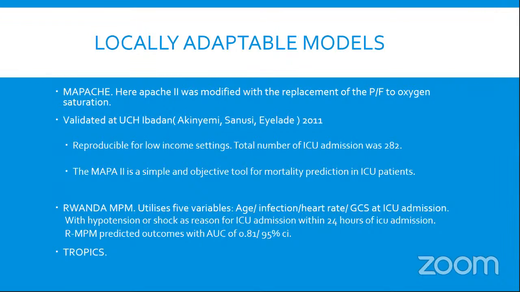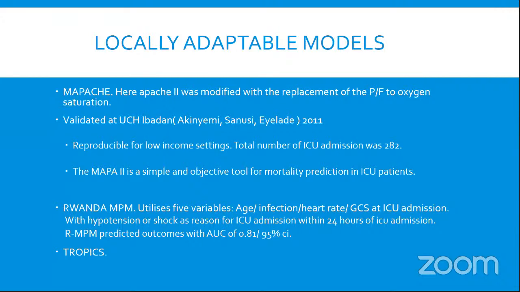This scoring system is based on data obtained from advanced clients where they have access to everything, but you can't compare the ICU in the States to ICUs in low and middle income economies. So what they did was adapt the variables to our locality, see how they can predict the same thing, and subject it to validation.